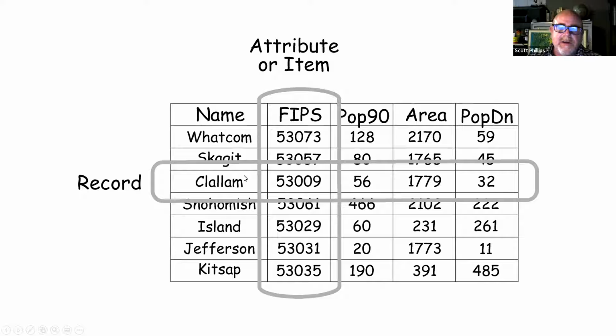So an individual record, right? This is an individual record, and this is an attribute field, right? So the FIPS code for this record would be the thing that's under FIPS, and then in this row.